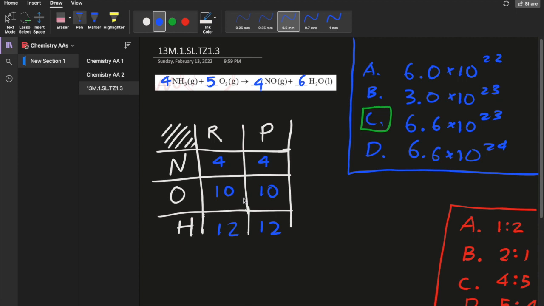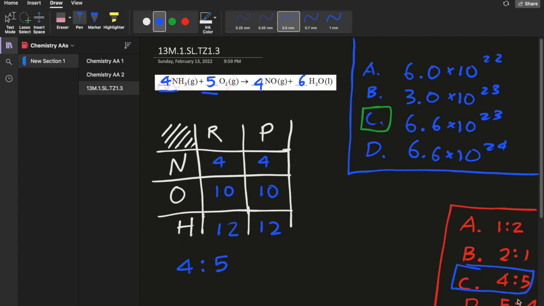And there we go. Now that all of them are equal, we can now take these, because that's what the question asks for. It asks for the coefficients of ammonia to oxygen. So ammonia is the 4, the oxygen is the 5, and the answer is C.